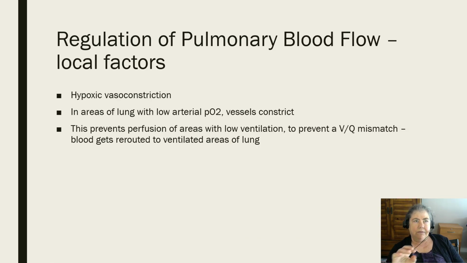Now, we've talked about how there is ventilation and there is perfusion, or blood flow. We talked during the cardiovascular lecture about tissue blood flow being regulated primarily by things happening locally in the environment.